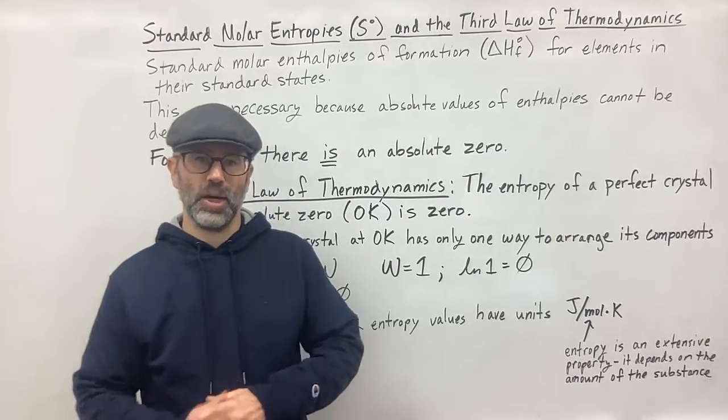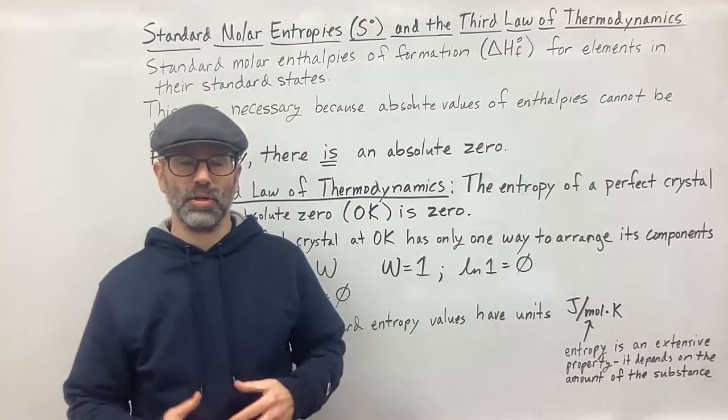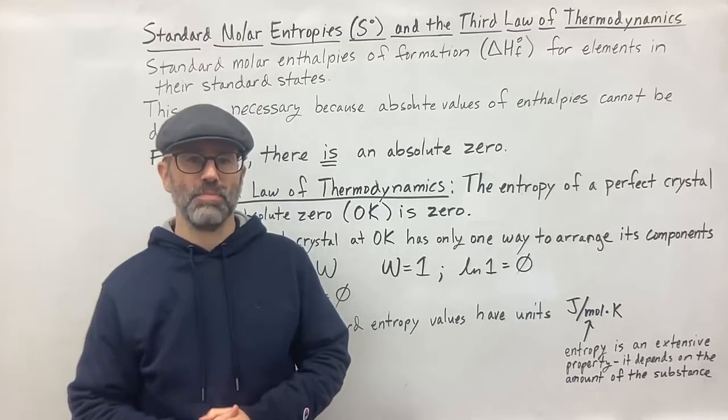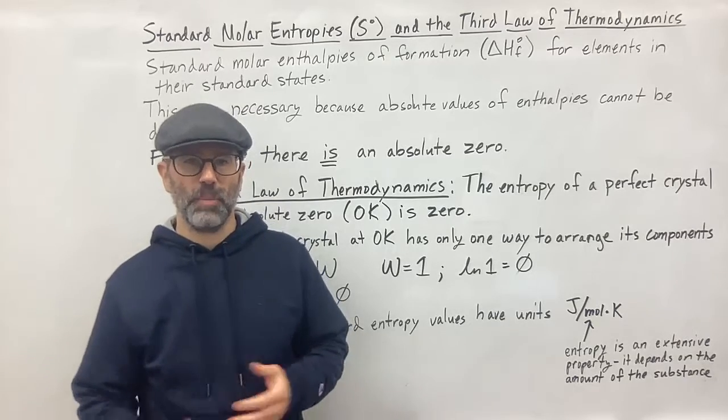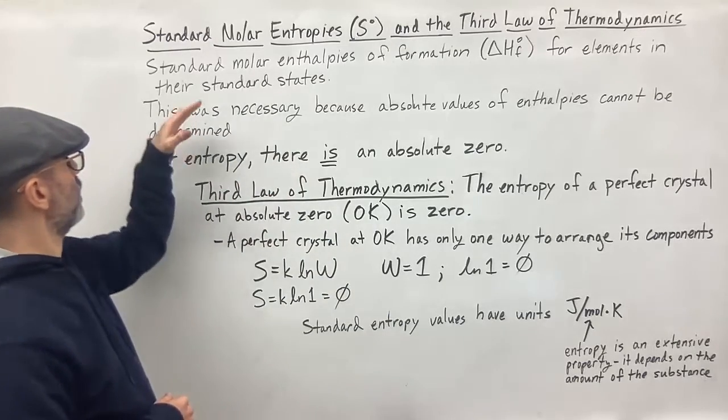If we go back and think about how we defined the molar enthalpies, for example, how do we find the standard molar enthalpy of formation? We talked about that in another video.